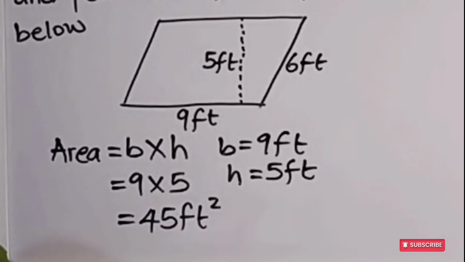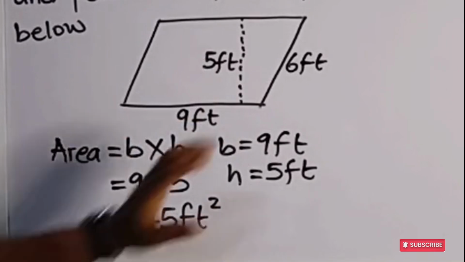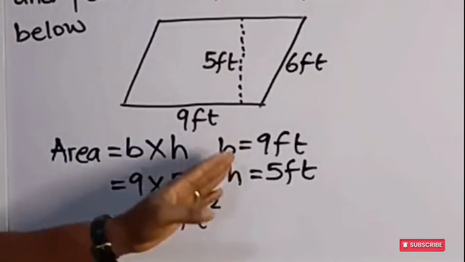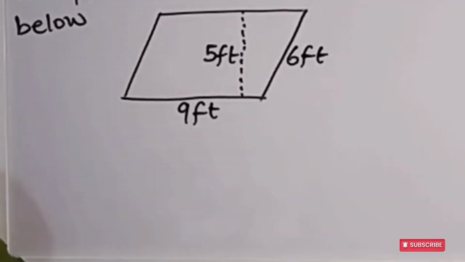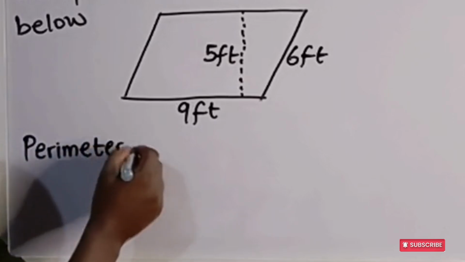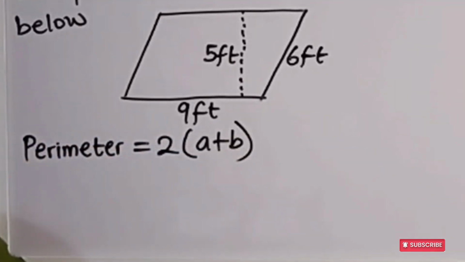So in the case of the area, we use the vertical height, not the slant height. If we had used the slant height, our answer would have been 54, which would have been wrong. So you use the vertical height for the area, and then let's try out the perimeter. Calculating the perimeter for this same shape, the perimeter is equal to 2a plus b. That's the formula.